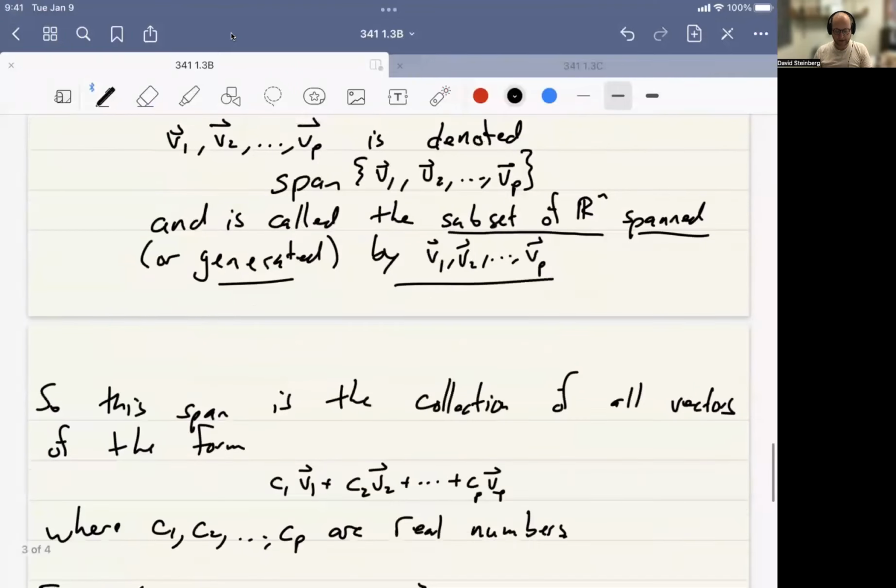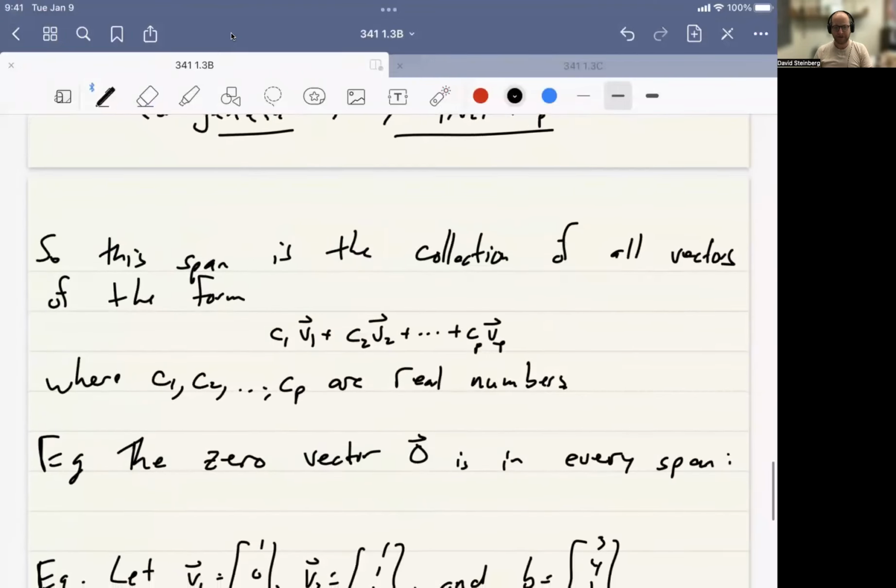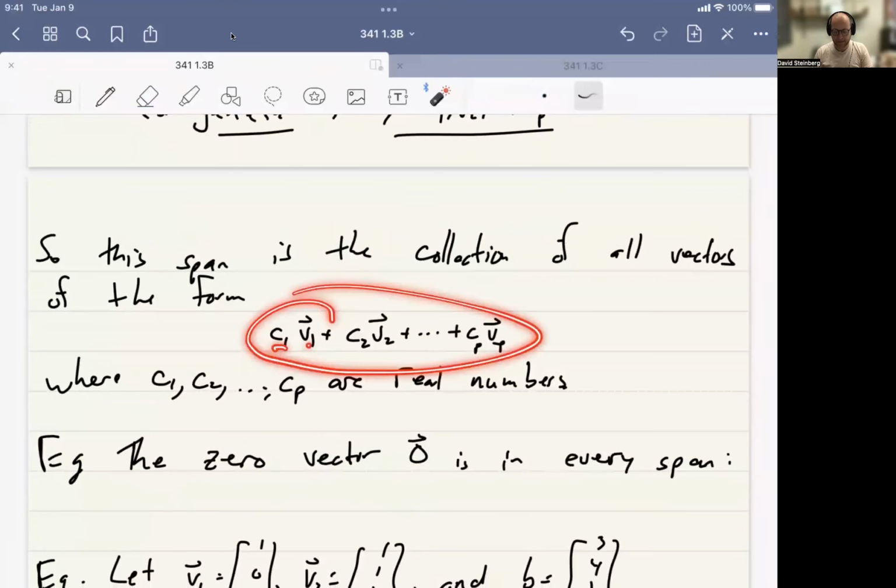Okay, so the span is the collection of all vectors of the form scalar times one of the vectors, plus scalar times a vector, plus scalar times a vector.